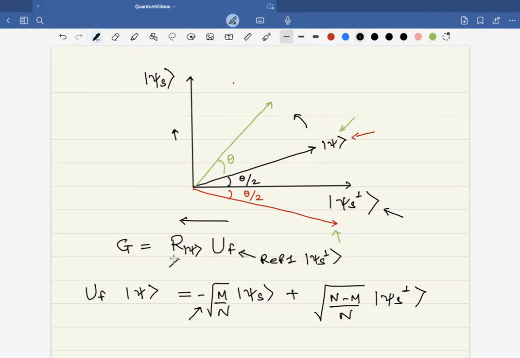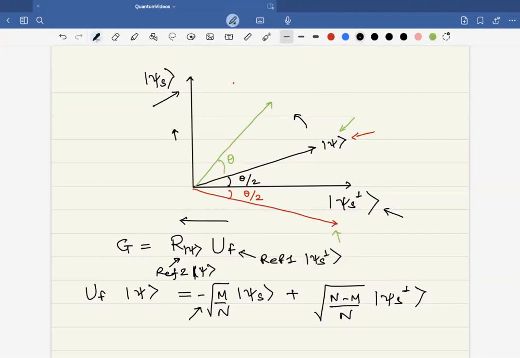And this is reflection 2, which is the reflection about ket psi, right? And both these reflections combine to give a rotation of angle theta, which is in the direction of psi s. And the goal is to reach this solution space by many applications of this Grover operator.